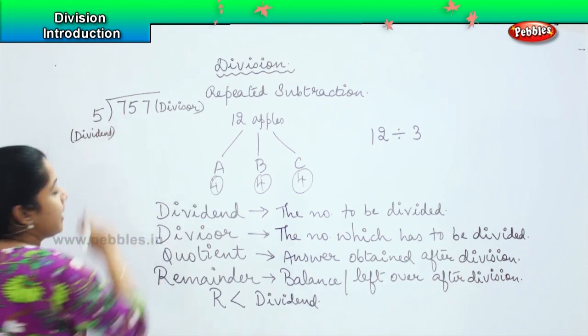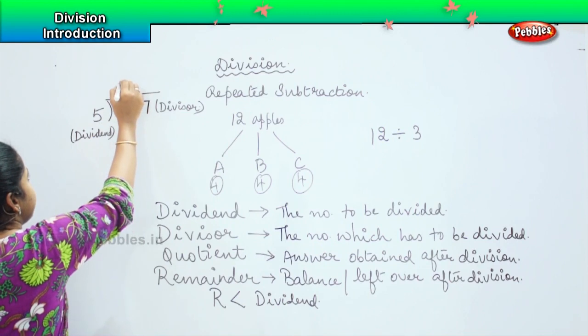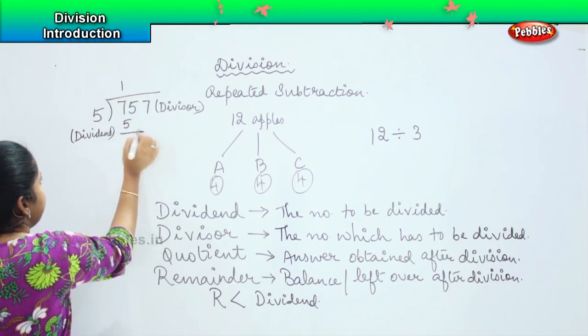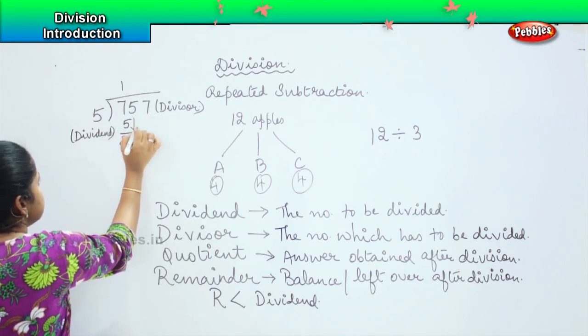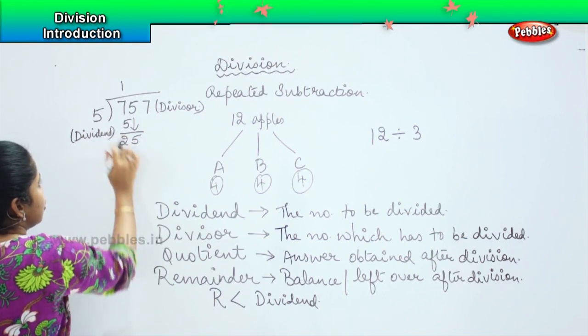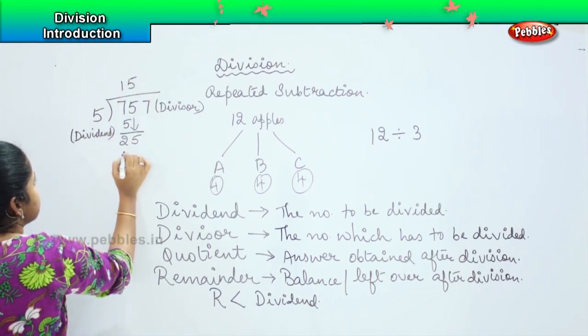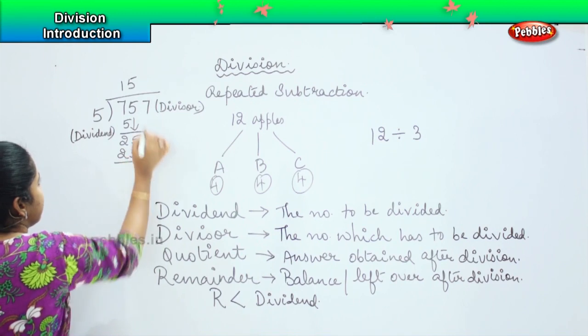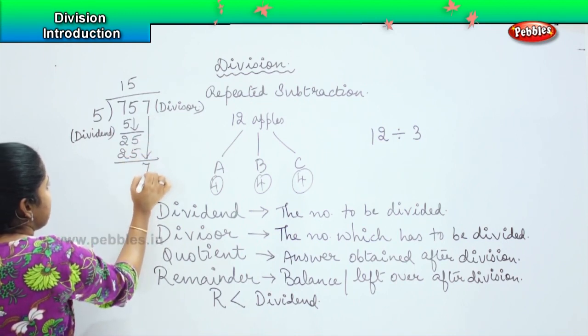Now, let us try dividing it. 5 ones are 5, so balance 2. This 5 will come down, 25. So 5 into 5 is 25. Now this 7 will come down again.